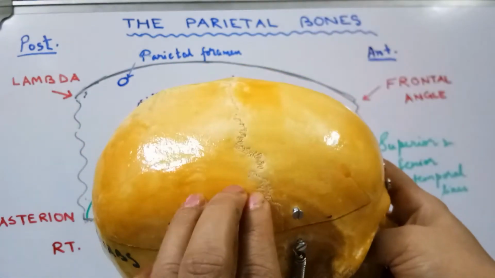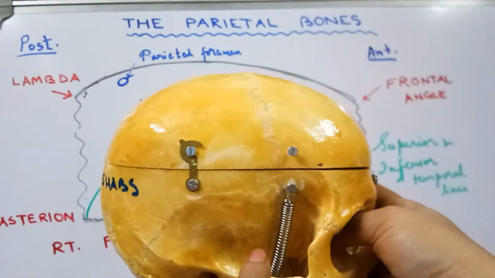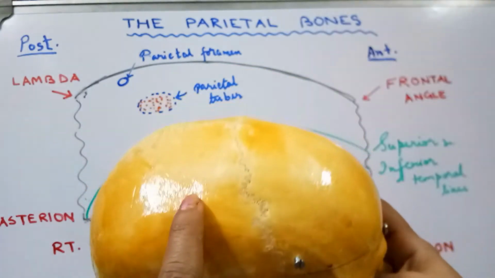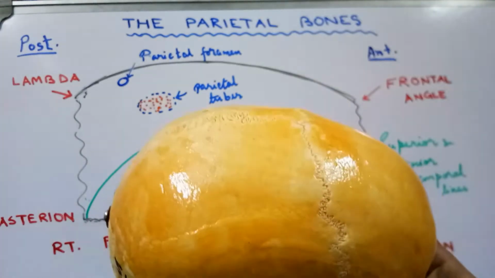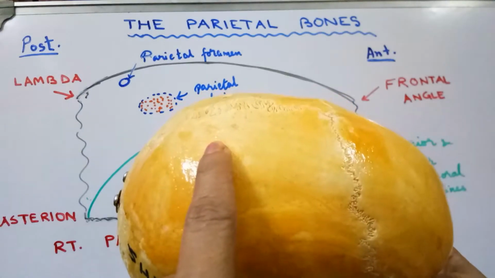This temporal fascia, above, gains attachment to the superior temporal line, and below it is attached to the upper margin of the zygomatic process. Now the rest of the parietal bone will be covered by the layer of the scalp known as the epicranial aponeurosis.